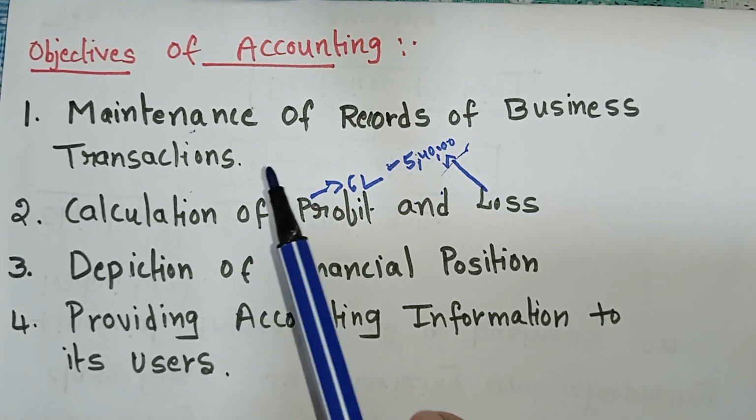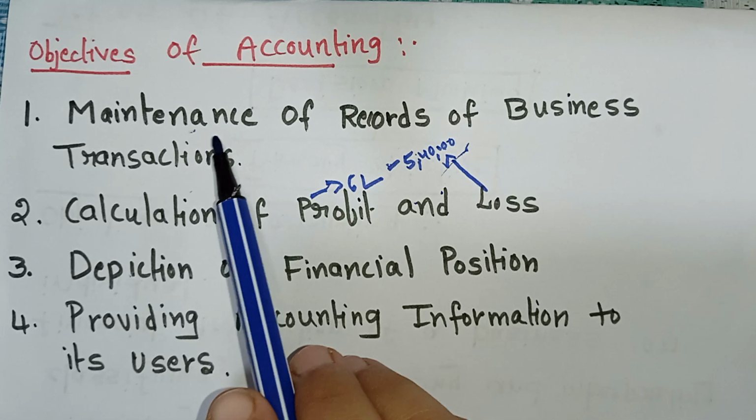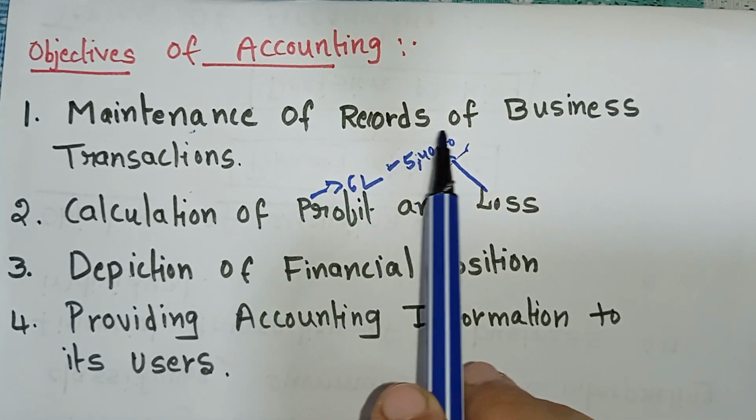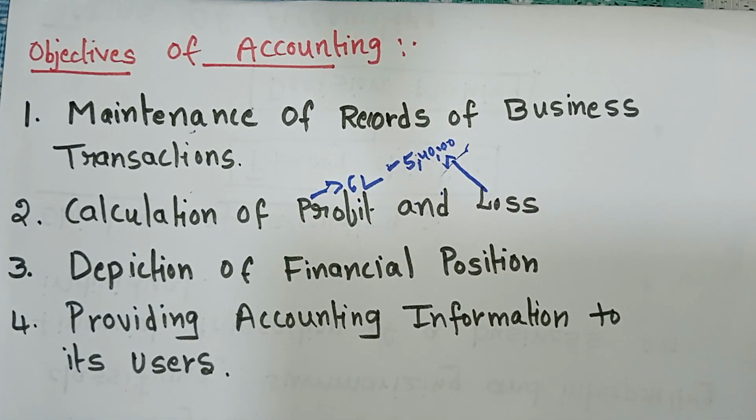So, the first one is maintenance of records of business transactions. What does it mean? Accounting is used for the maintenance of a systematic record of all financial transactions in books of account. Here I will explain this point through an example.